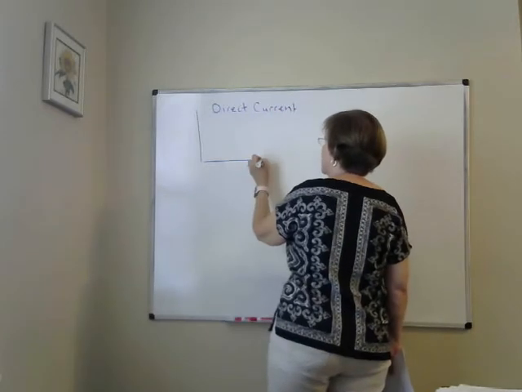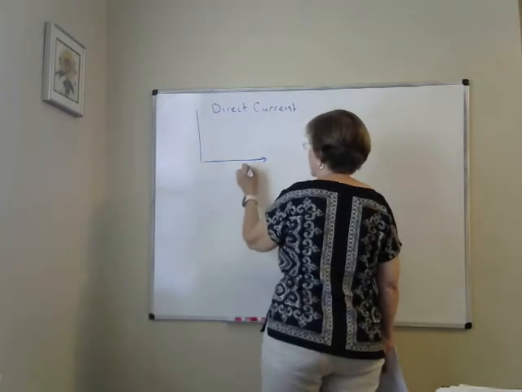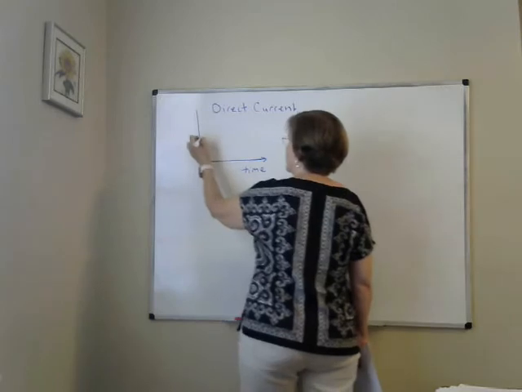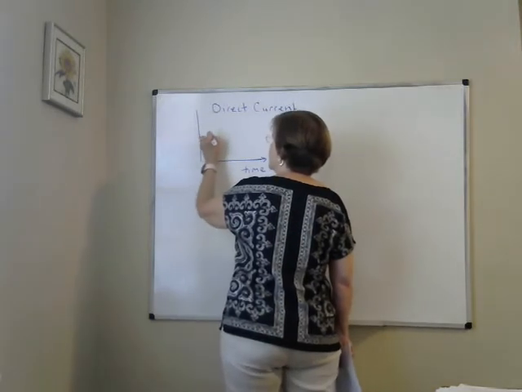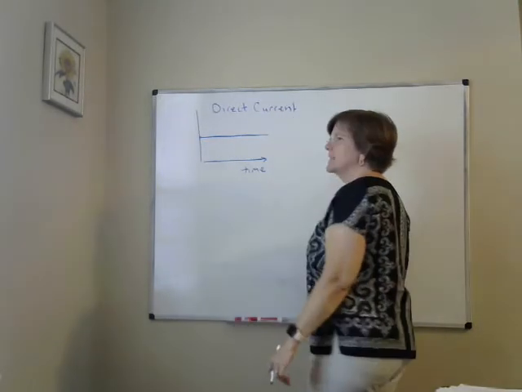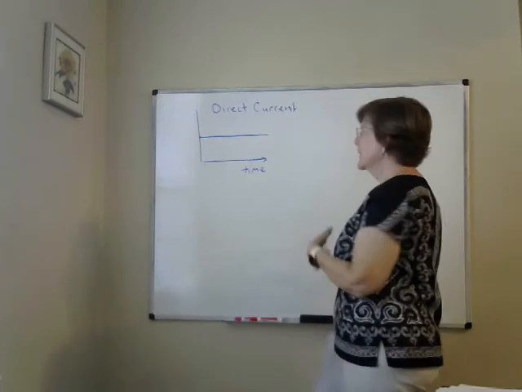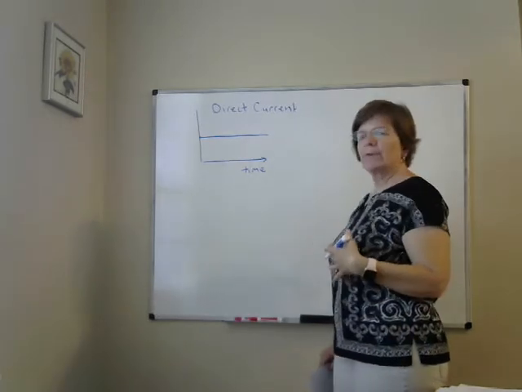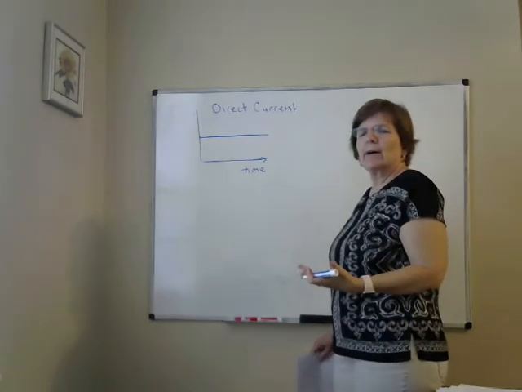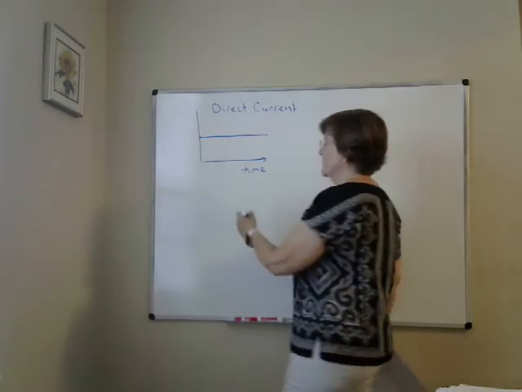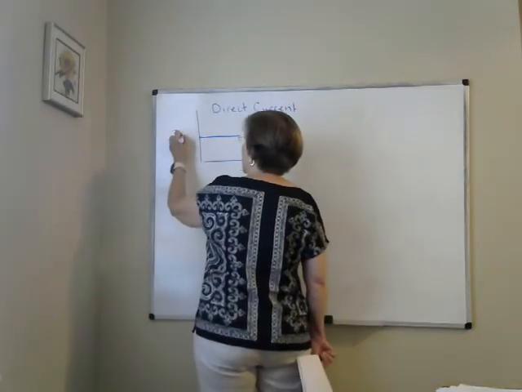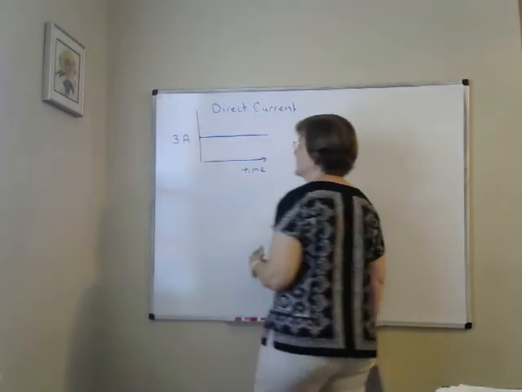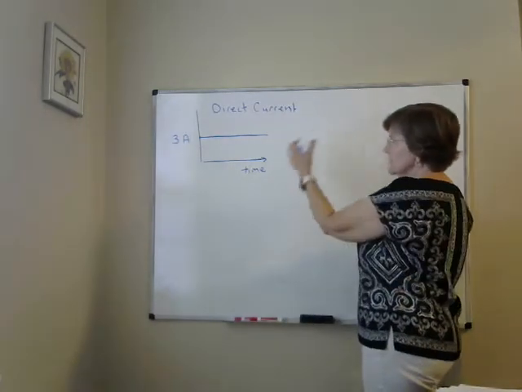And I'm going to let this be time. Direct current stays the same all of the time. And the problem we just did, I think we figured out, I can't remember, it was 4 amps or 3 amps? Let's say it was 3 amps. If I have 3 amps of direct current because of a battery, it looks like that.